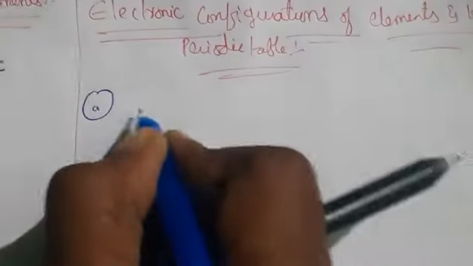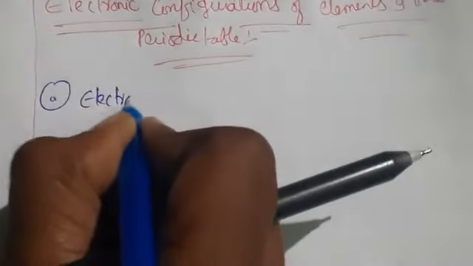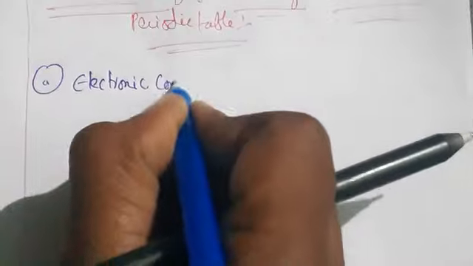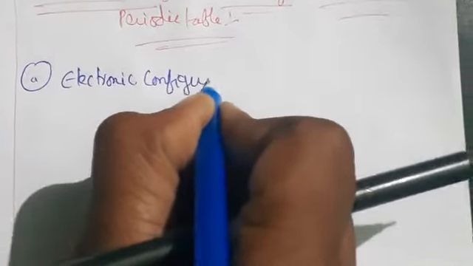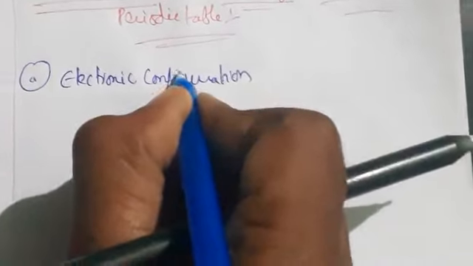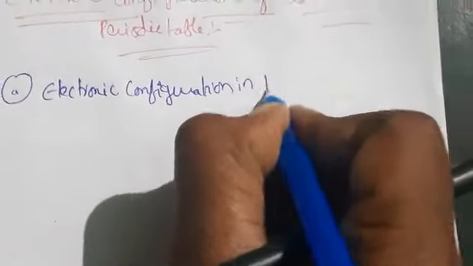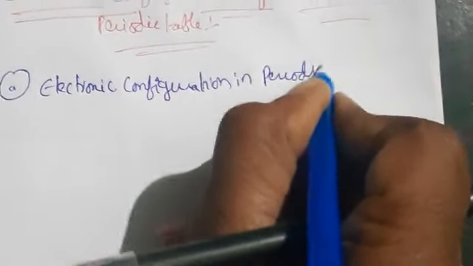So first of all, electronic configuration in periods. The period indicates the value of n for the outermost or valence shell.